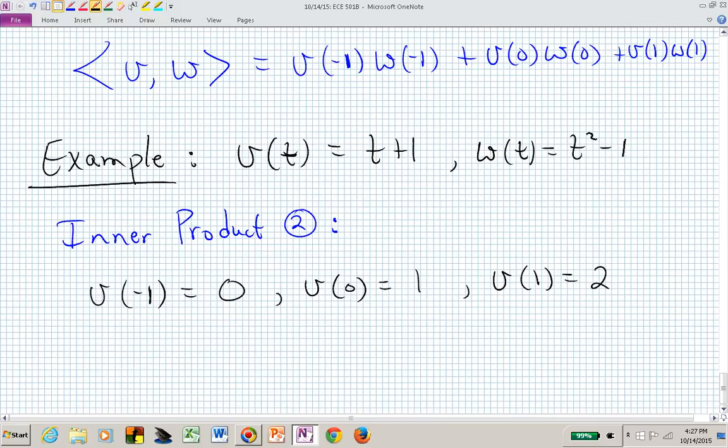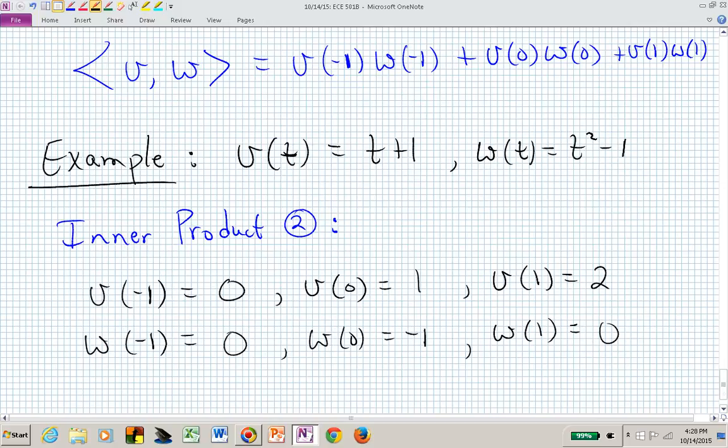Now I need to do the same thing with my w. What's w evaluated at minus 1? That's 0. What's w evaluated at 0? That's now minus 1. And w evaluated at 1? 0.